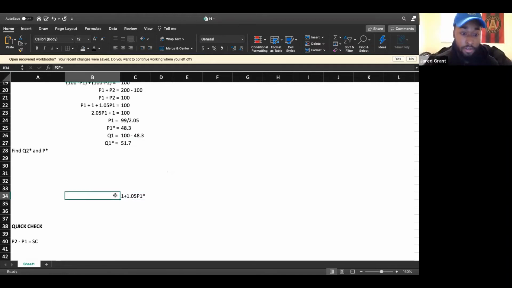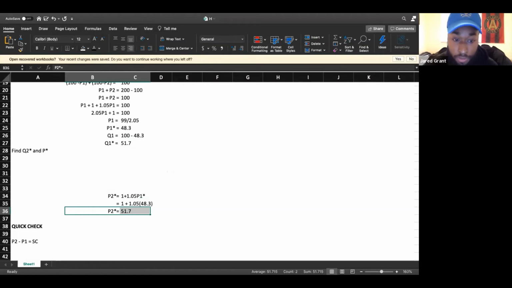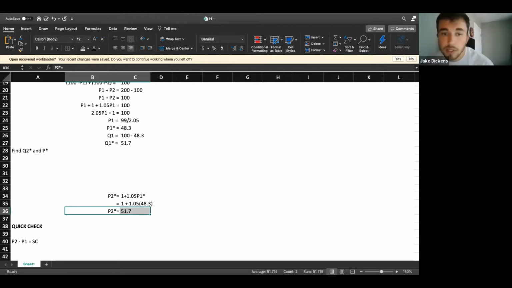You find P2 star, exactly like how you said, you plug it back into your P1 in here, and you're left with this. Simplify even more. P2 star equals 51.7. So how could I find Q2? Do the same thing you did for Q1, except use your P2 value.